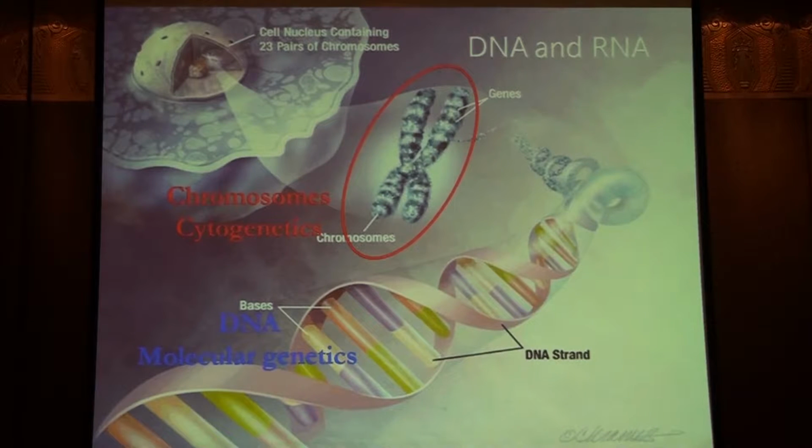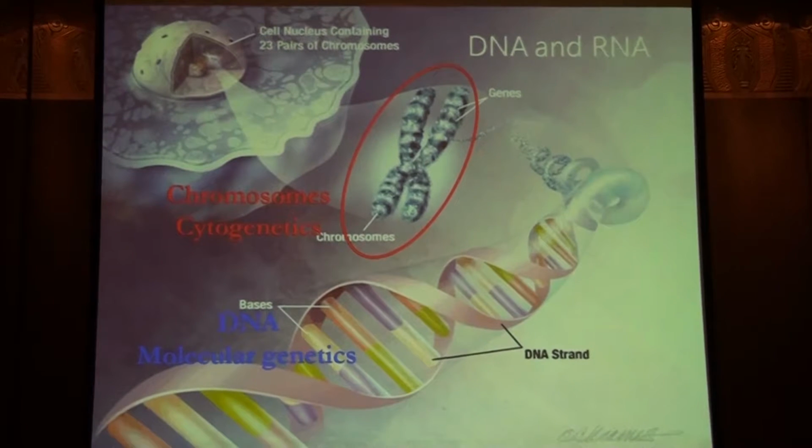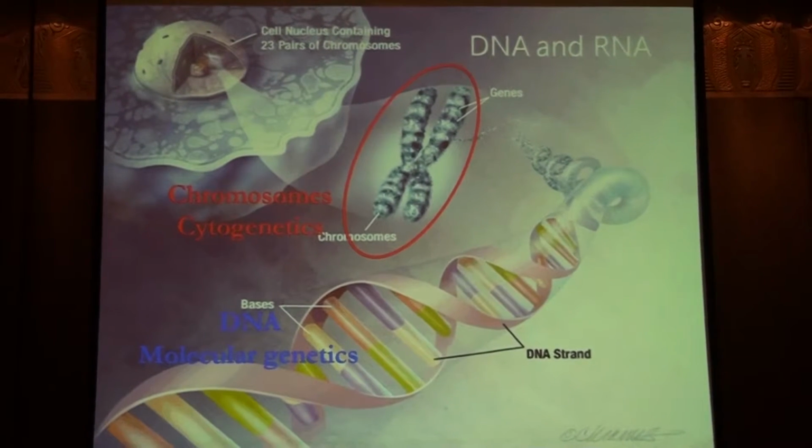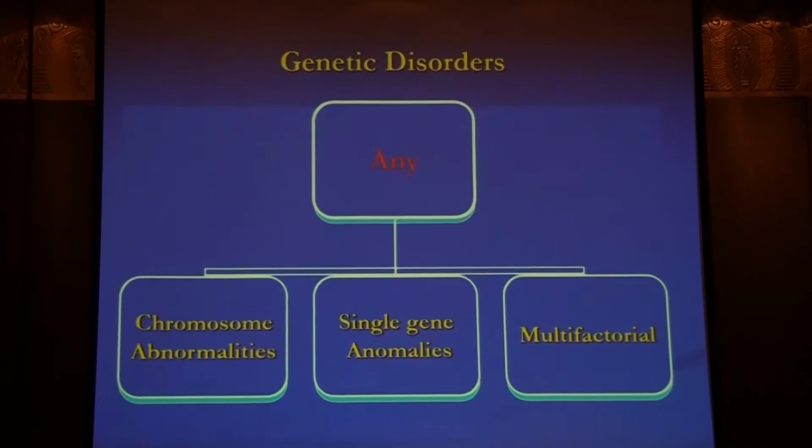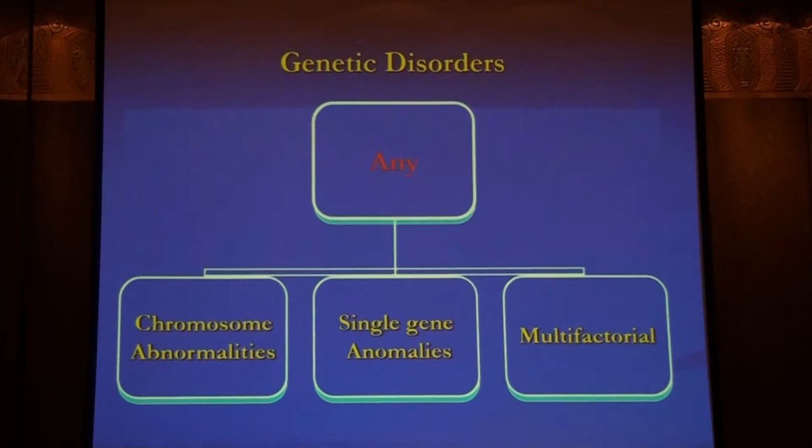That means sequencing of the DNA, and you are talking about molecular genetics. Based on this very basic knowledge, we can say that any genetic disorders could be classified into 3 groups, either due to chromosomal abnormalities or a single gene disorder.